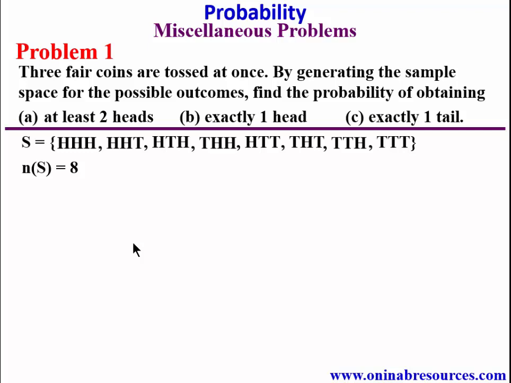If it is tossed twice, it will be 2 raised to the power 2. The same thing for a die. If a die has 6 faces, if it is tossed twice, it will be 6 raised to the power 2. That's how we got that for the previous problems on probability.